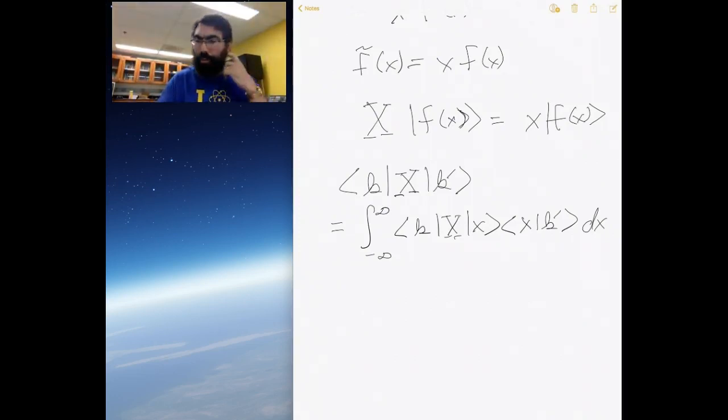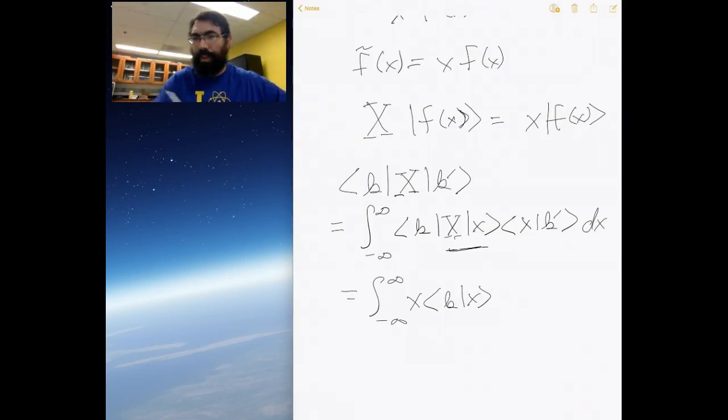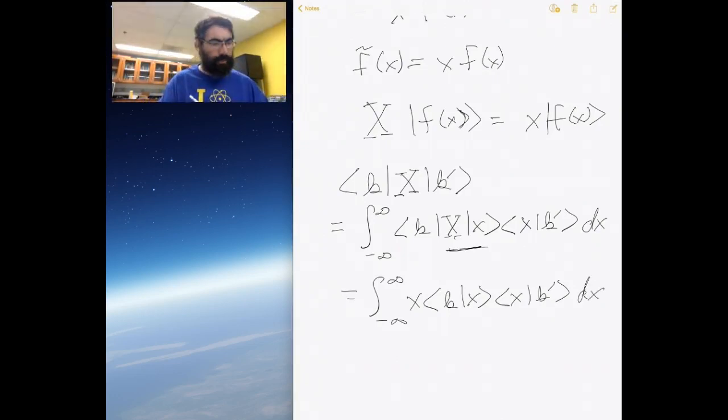So when I do that, the operator x operating on the basis x just gives me x times that basis back again. So I get x times K projected with x, and then x projected on the space K prime, dx.